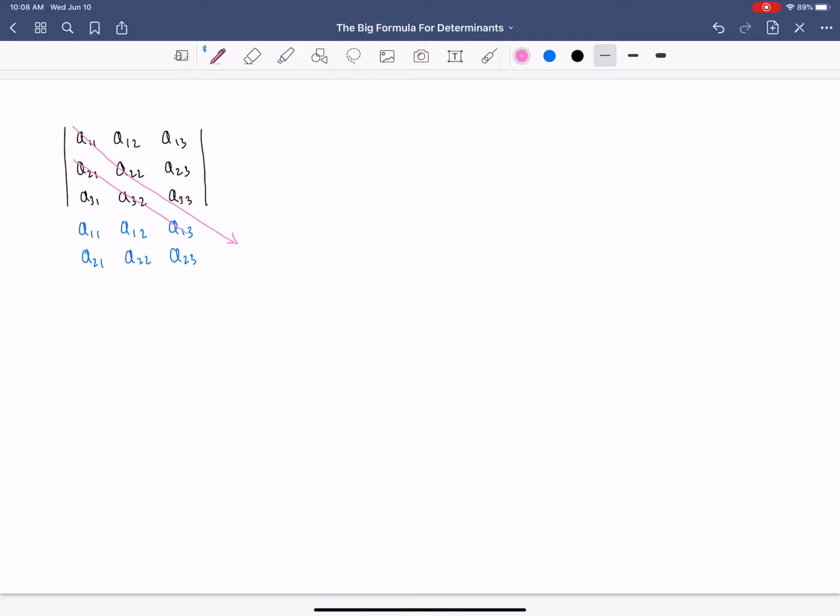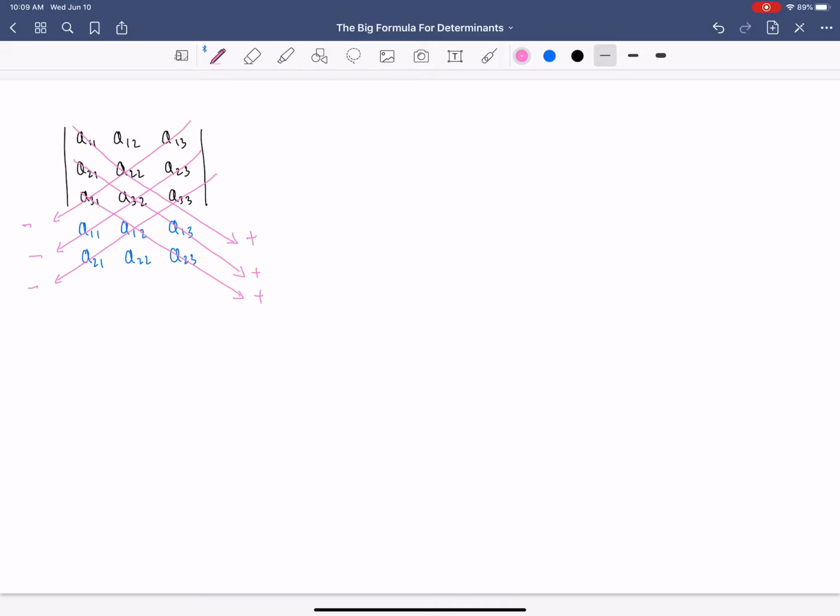Then I have another arrow in that direction and another arrow in that direction. This direction is positive. Then I have 3 diagonals in the opposite direction. This is negative, this is negative, and this is negative.